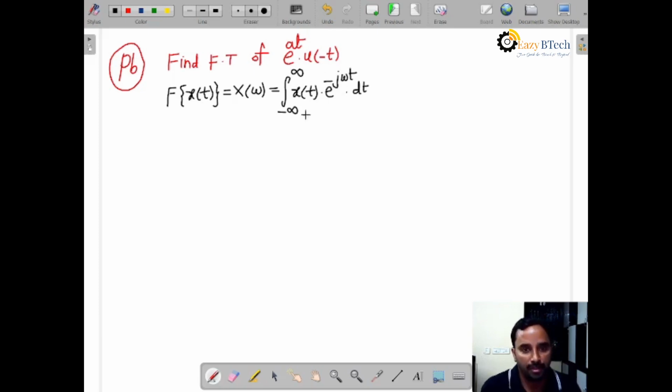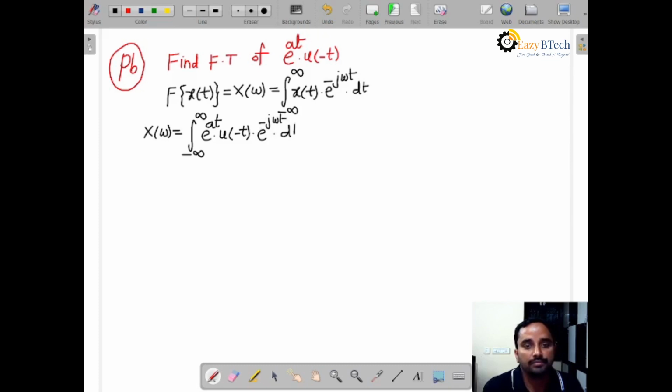Just the integral formula. So the given x(t) we take. X(omega) is equal to the integral from minus infinity to plus infinity of e power at u(-t) into e power minus j omega t dt.